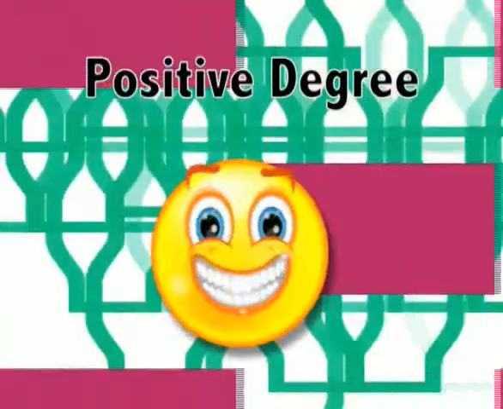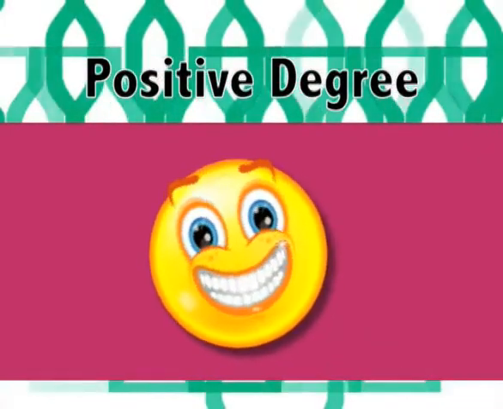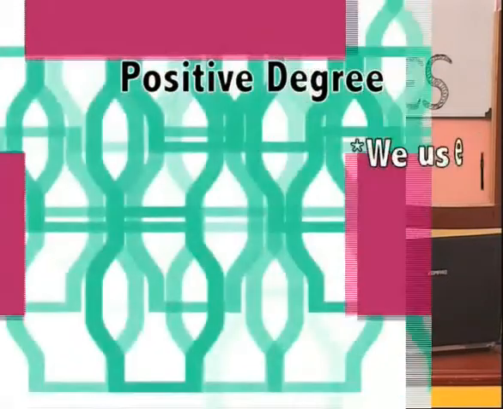Let's talk about the positive degree. We use the positive degree of an adjective when we are not making any comparison. So this degree is used with one person or one thing only.